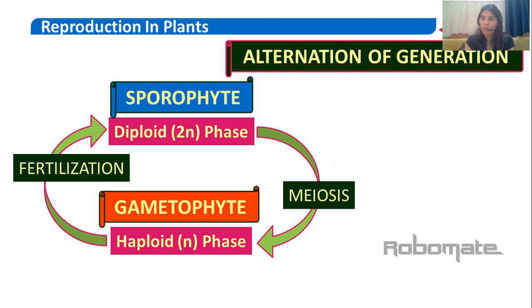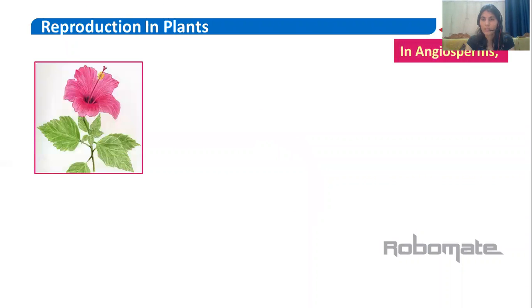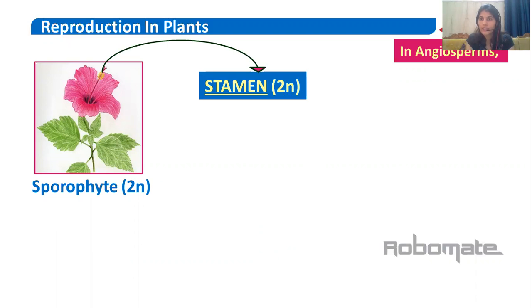All the plant parts or structures, that is flower, stamen, carpel, alternate in this cycle. So in angiosperms, we'll see how this alternation occurs. This is a flower, and this flower is the sporophyte, that is the diploid phase. You all know a flower contains two structures, a male and a female reproductive structure.